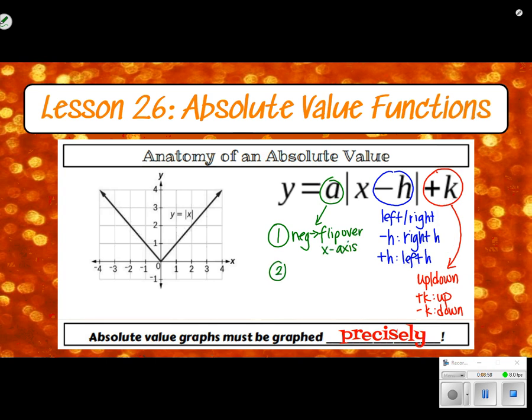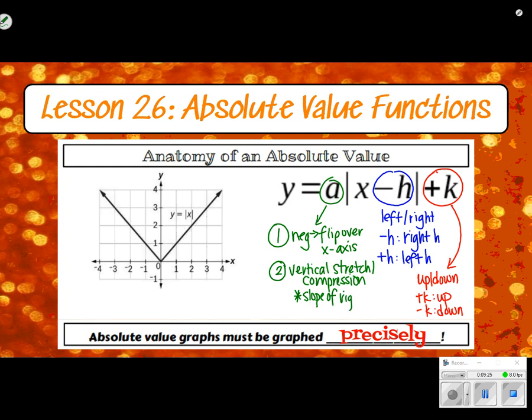And then number 2 is that vertical stretch or compression, but we're going to look at this as the slope of the right arm. So that number is going to tell us the slope, and if it's a number bigger than 1, we're going to see a stretch. If it's a number between 0 and 1, we're going to see that vertical compression.